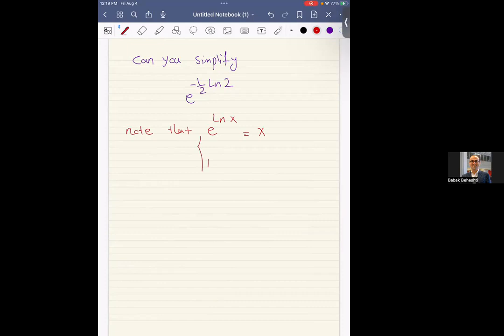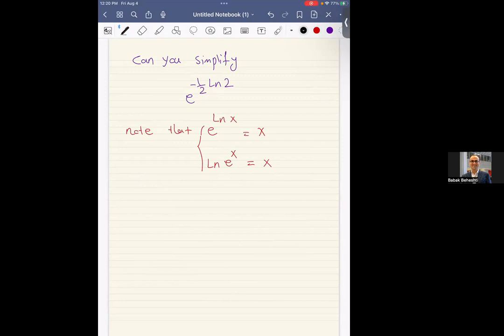And ln of e to the power x is also x. Basically, when you do inverse, you switch x and y, right? Once you do it twice, you get to the original position. So e to the power ln of x is equal to x.